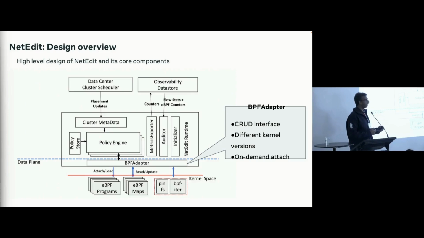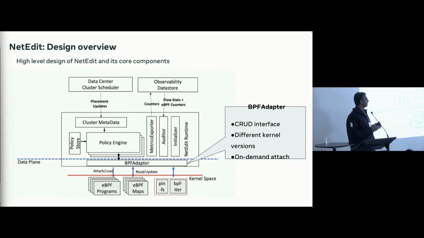On the bottom, we see an important abstraction called the eBPF adapter. This is an abstraction for both the kernel and the entire eBPF subsystem. Through the BPF adapter, we have something like a CRUD interface where we can translate high-level policies into actual BPF map state. We also abstract kernel differences.